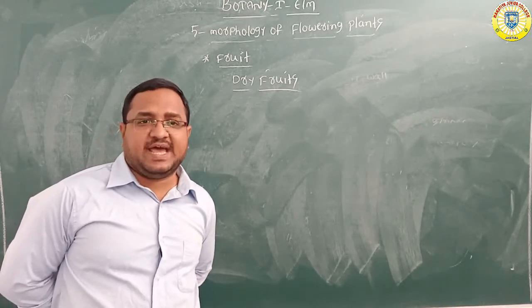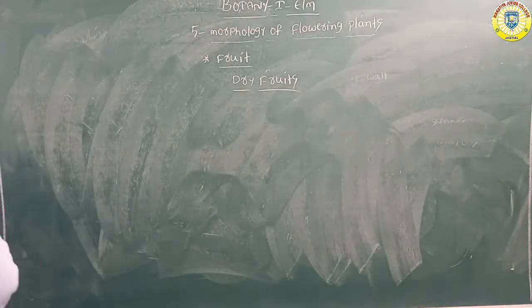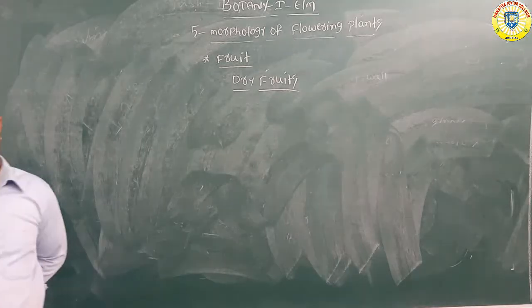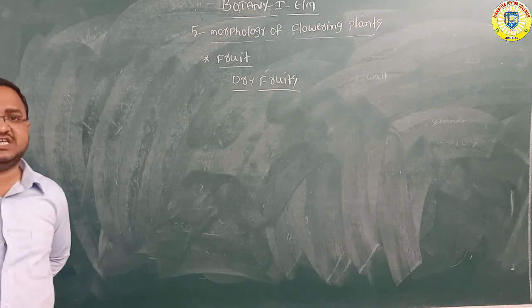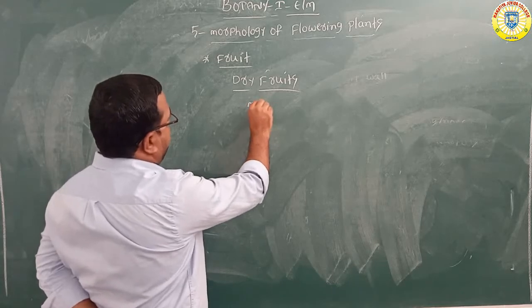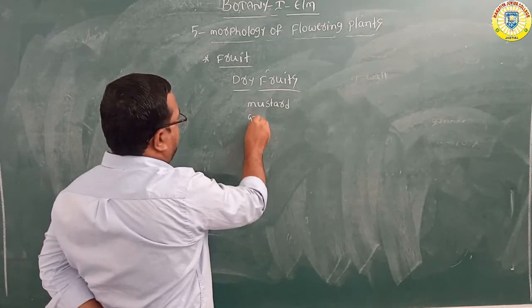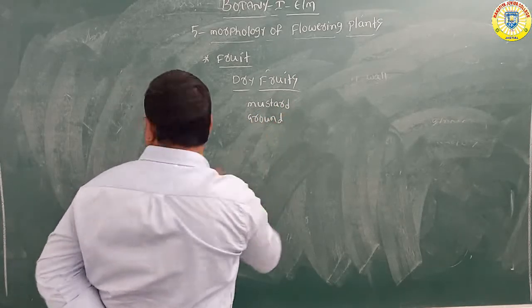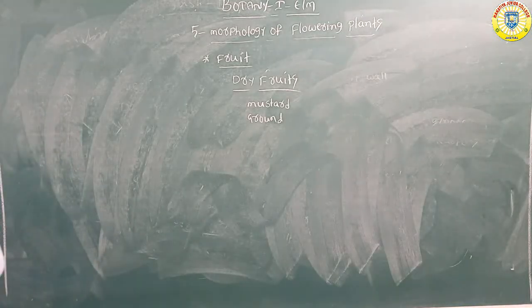Here the pericarp is dry, not fleshy. The best examples are groundnut and mustard. The pericarp is very dry, not fleshy. So these are dry fruits.